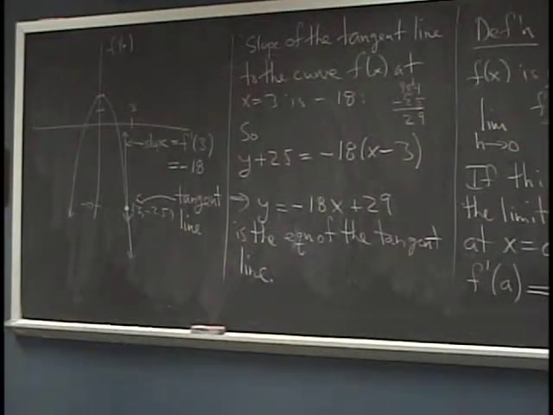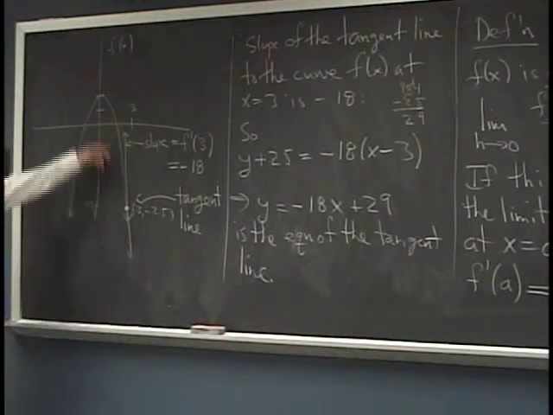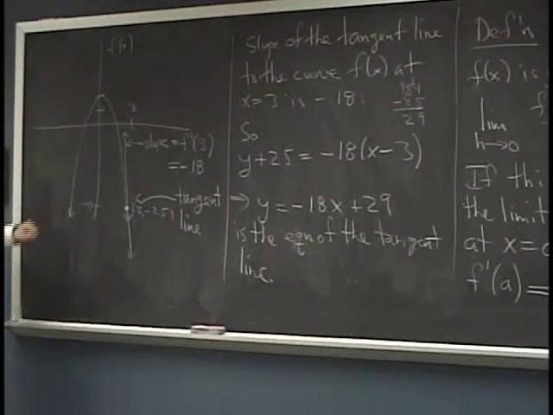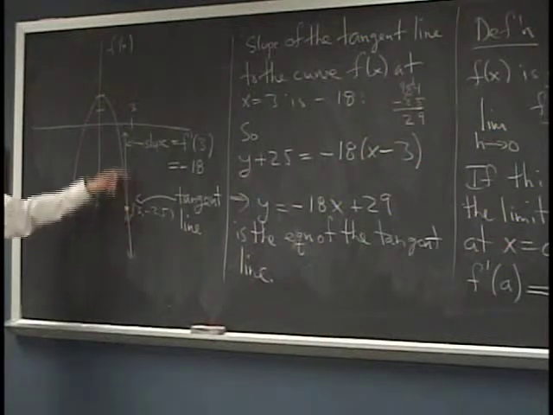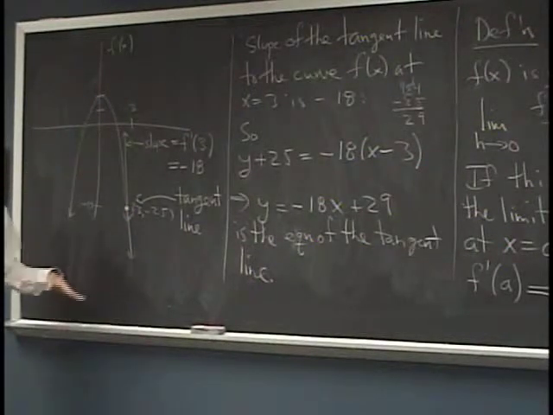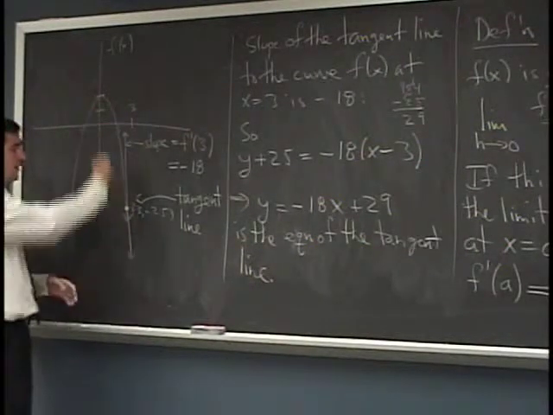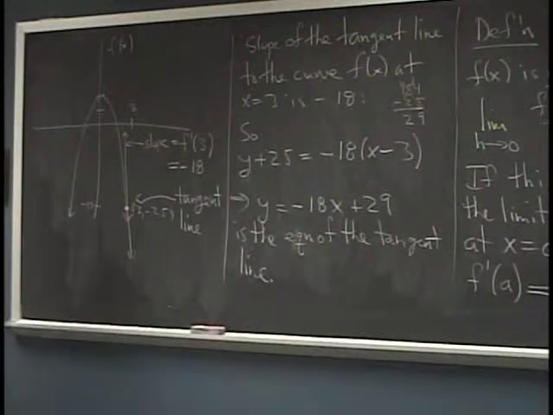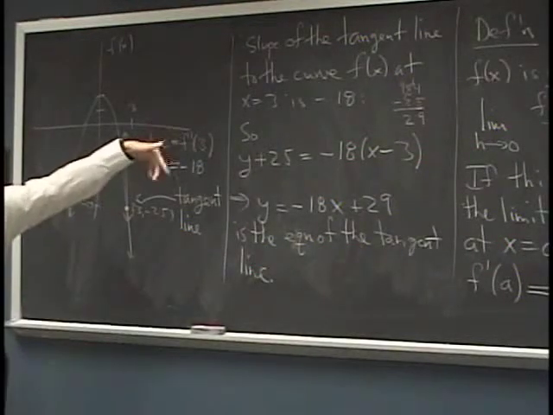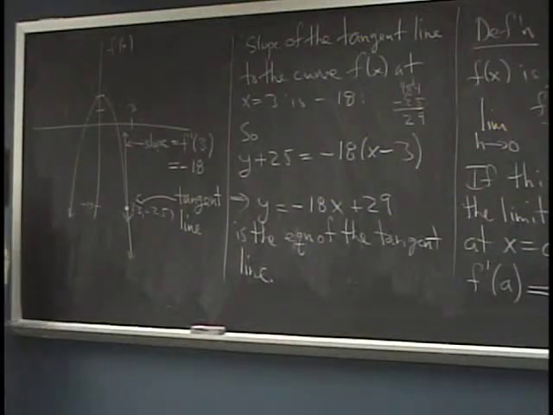If somebody said you have a nice curve, and here's a point on the curve, and I want you to tell me not only the velocity at that point, but I'm going to draw a tangent line to the curve with the slope equal to the velocity, and I want you to tell me the equation of that line, this would seem utterly ridiculous if you didn't know that it was just simply a little bit of calculus. It's not all that hard calculus either.